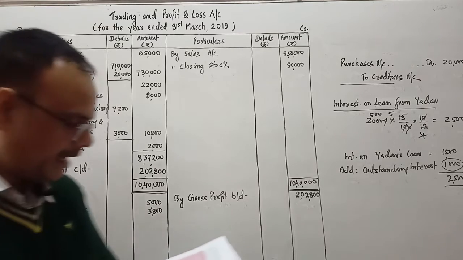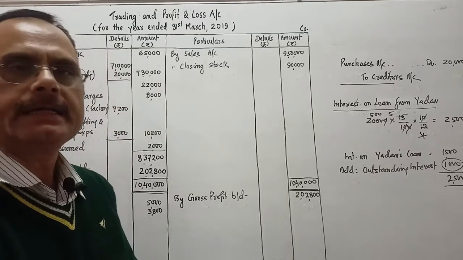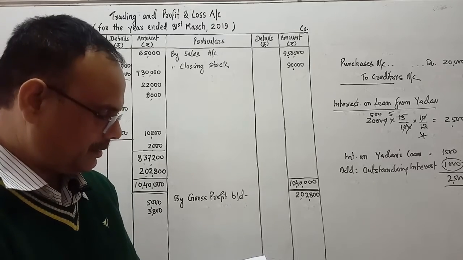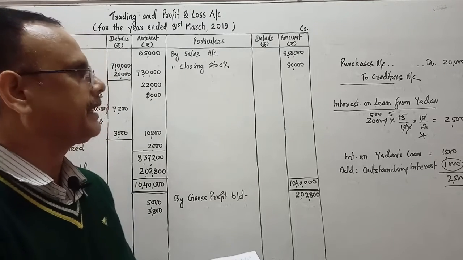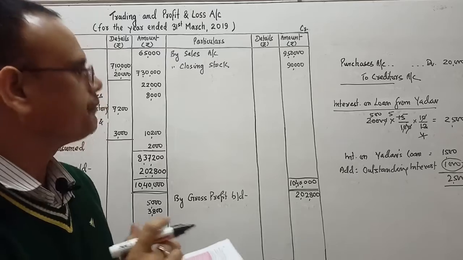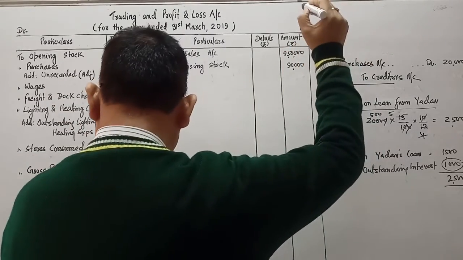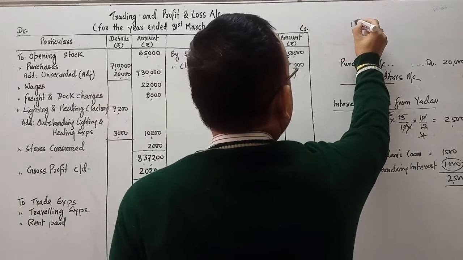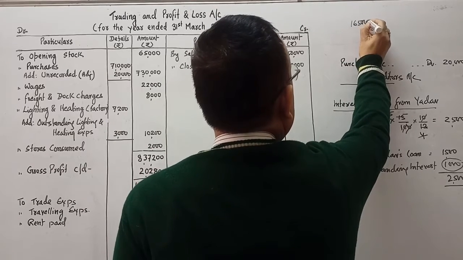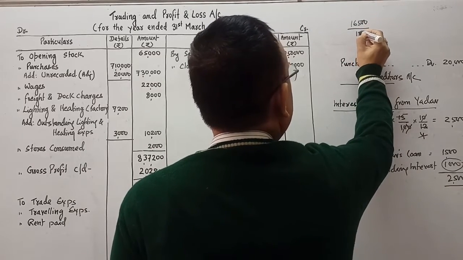Rent paid is 16,500. Regarding the rent, you see adjustment number 6: rent is paid for 11 months. The rent given in the trial balance is 16,500 and this rent is of 11 months.